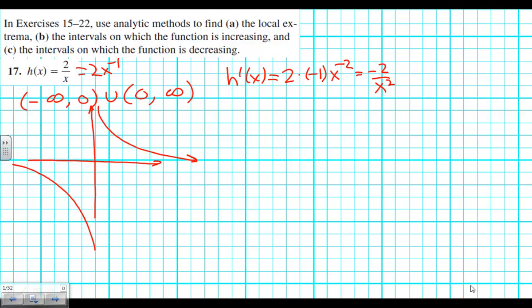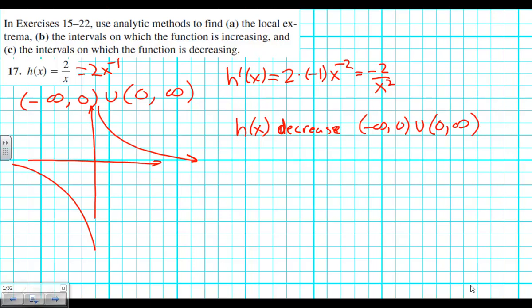So our conclusion, by looking at the graph and at this, is that h of x decreases on its entire domain. It is a decreasing function from negative infinity to 0, and also from 0 to positive infinity.